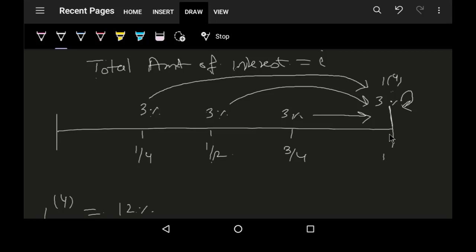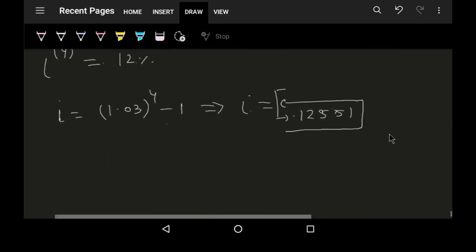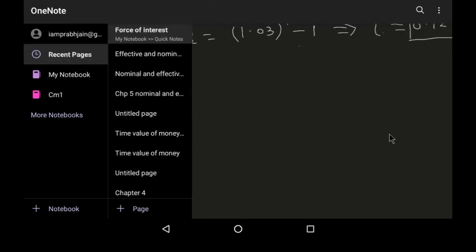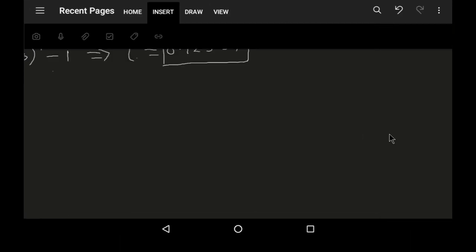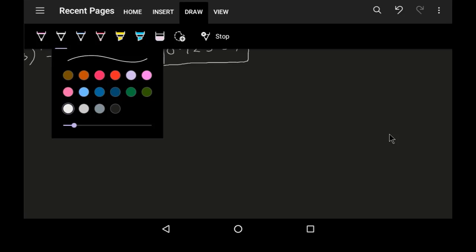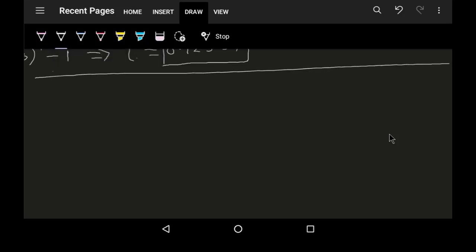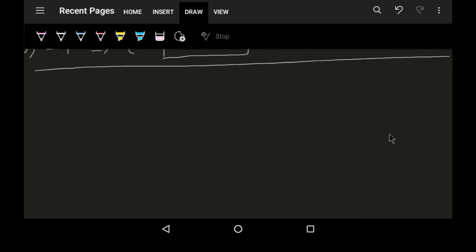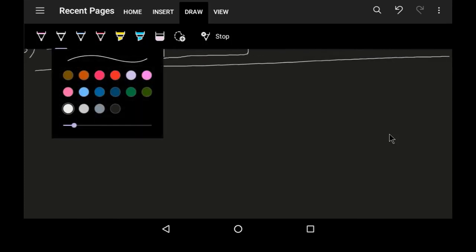So to get this amount at the end of the year, I have a total of 4 payments. So I am assuming that I get 3% or 0.03 at the end of each quarter. This 0.03 is calculated on 1 rupee. You can calculate it on any amount.